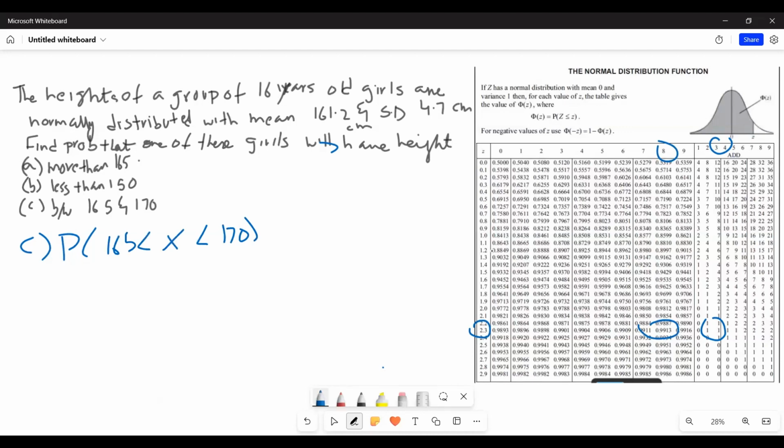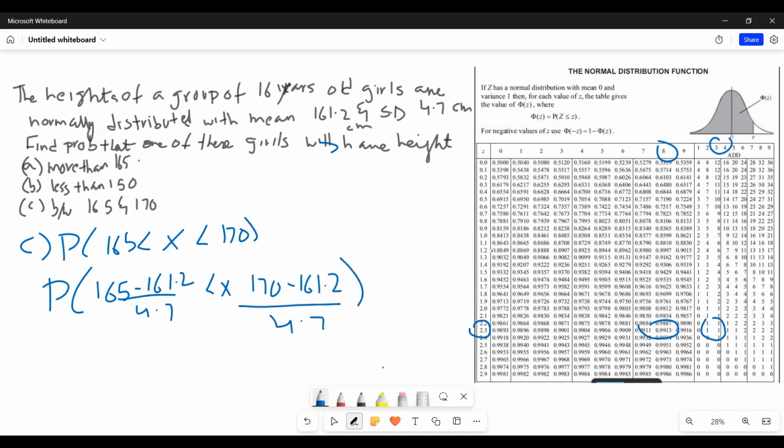So we subtract the mean and divide by the standard deviation. Now X changes into Z, so write Z in between.